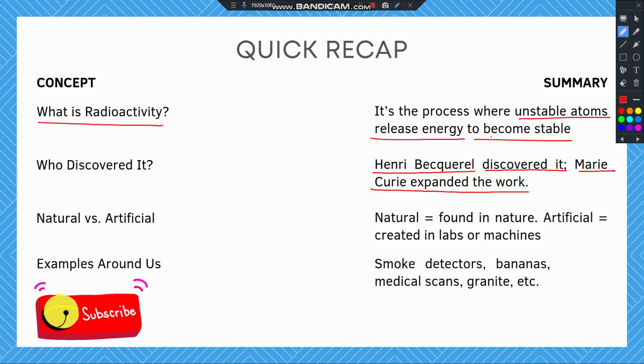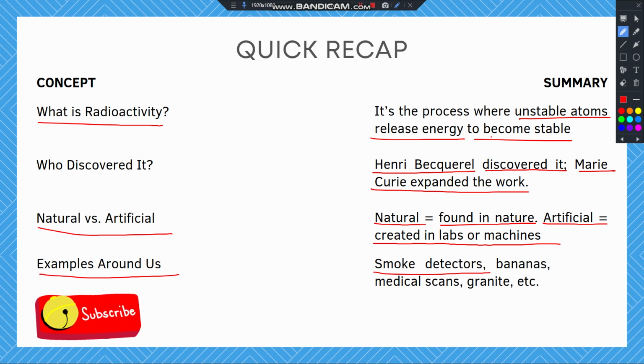And then we talked about the types of radioactivity. Natural radioactivity is the radioactivity found in nature. Artificial radioactivity is the radioactivity created in labs or in machines. And we have some examples around us: smoke detectors, bananas, medical scans, granite, and so on and so forth.